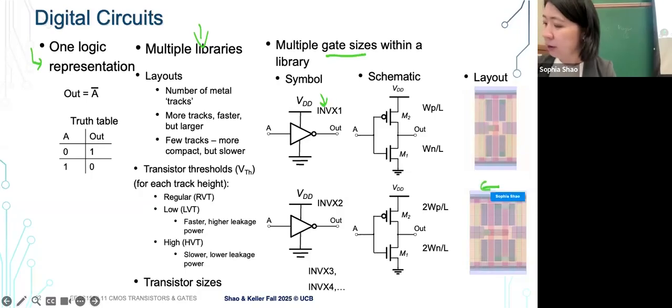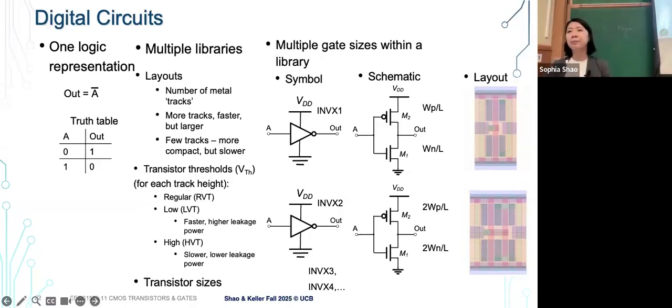You can have wider connections that have higher currents and can drive things faster, and narrower ones that are slower, which have different latency implications. So there are a lot of different flavors of transistors. We talk about very basic ones, but there are different libraries and components, and we'll talk more about the sizing implications when we get to the latency part.